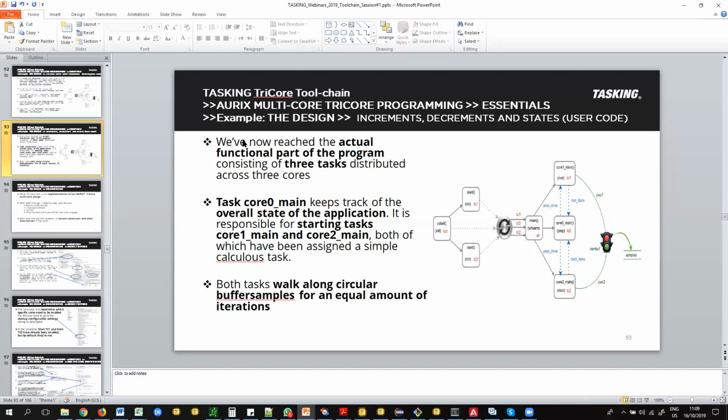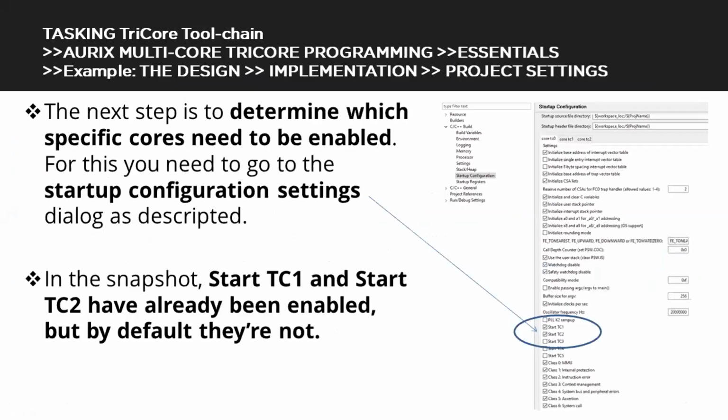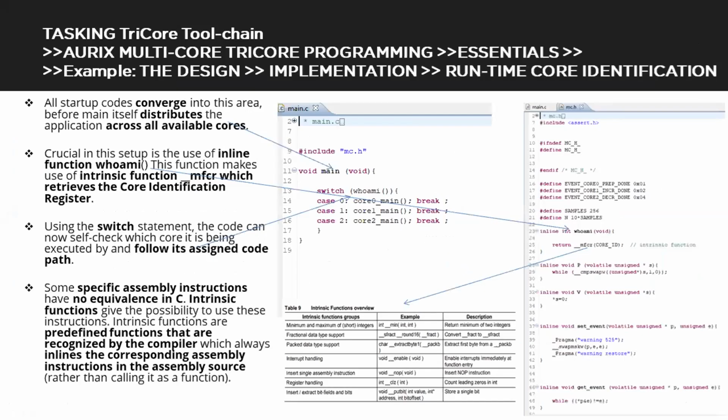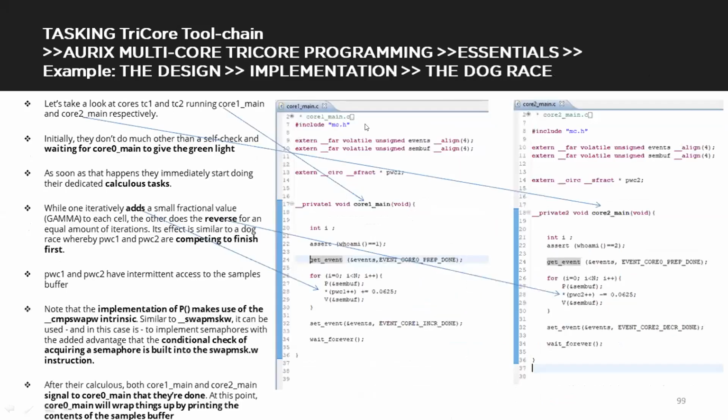Okay, so if I go back to the presentation again, we already saw how this task communicates with the other tasks. Let's see what is going to happen on the other tasks. This is the task executed on core number 1, and this is the task executed on core number 2.